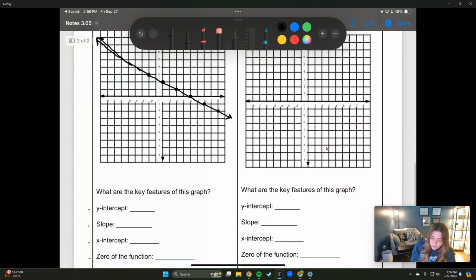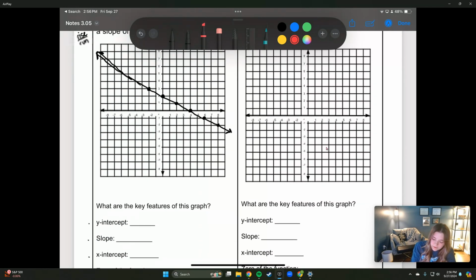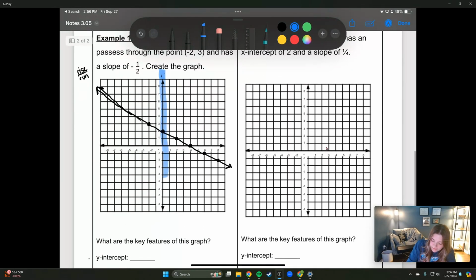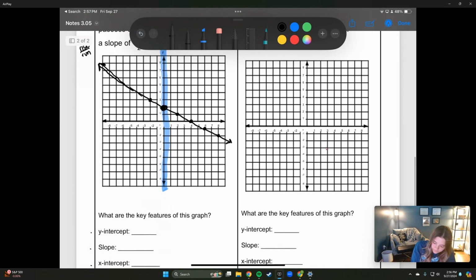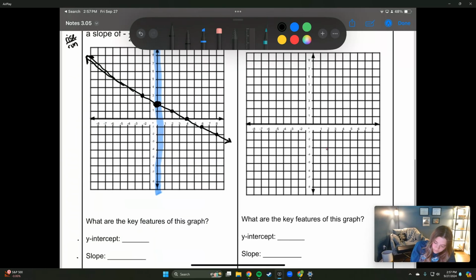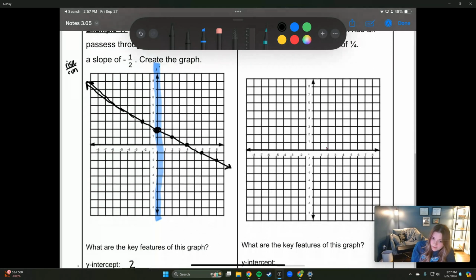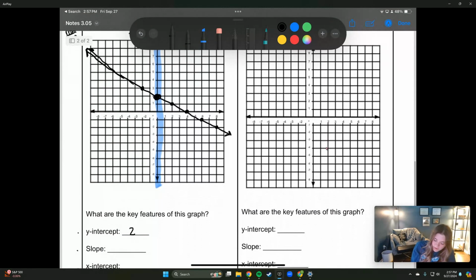Okay. Now, this time though, it asks a few more questions. It says, what is the y-intercept? Well, remember, that's where it crosses on the y-axis. Right here, at 2. Now, the slope: if you look, it already told me the slope, it's -1 over 2.